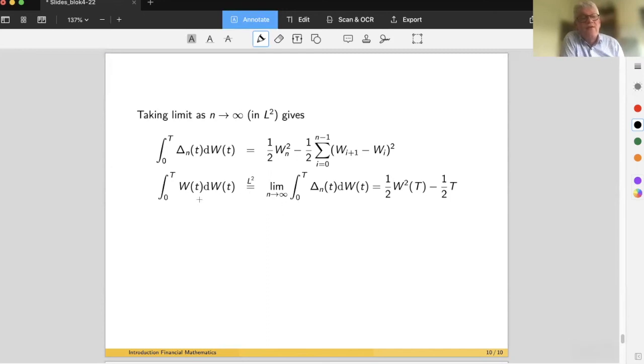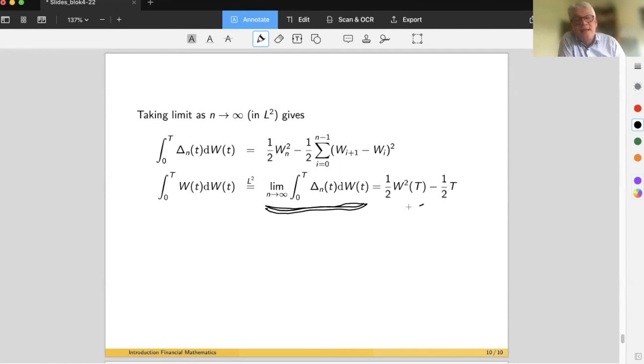So we have the function we desire in the limit n to infinity, that will be equal to 1/2 w_t squared minus 1/2 t.